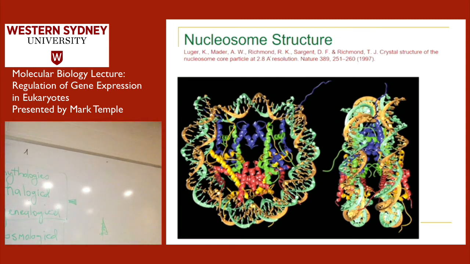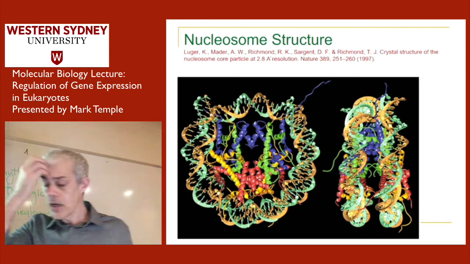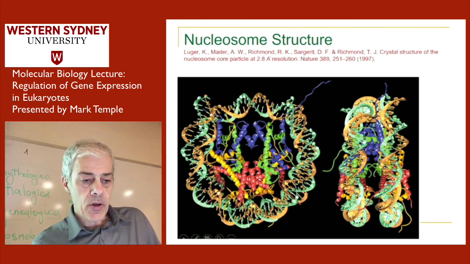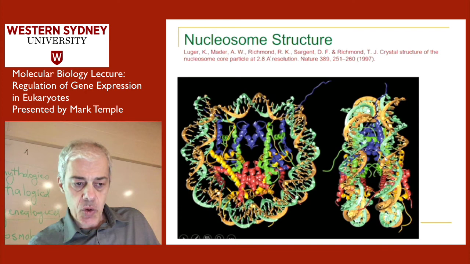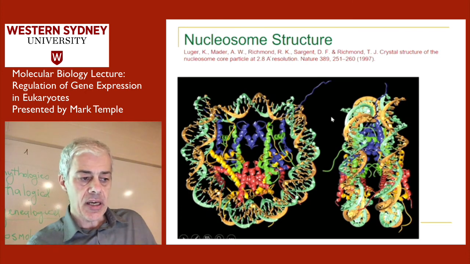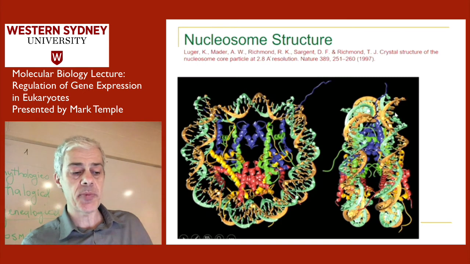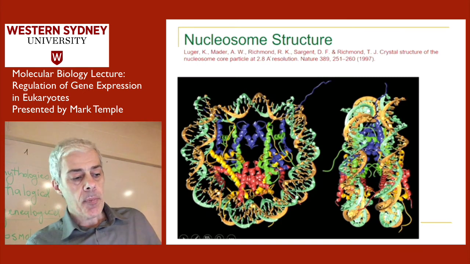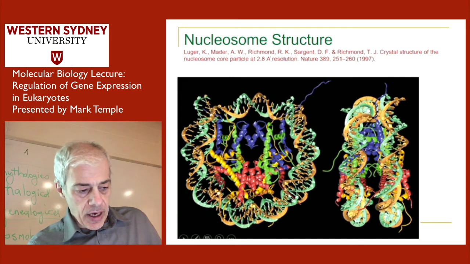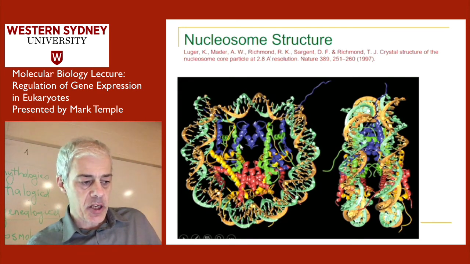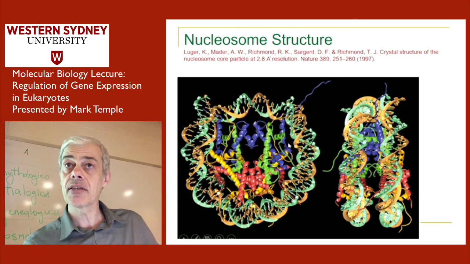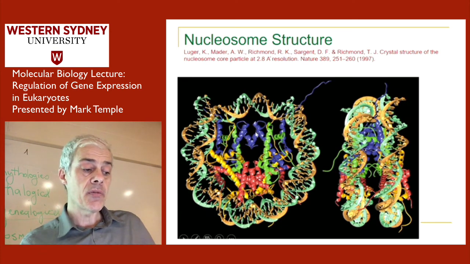This is the side view of that disk. If you look at the DNA, you can see the DNA wraps twice around the disk, and like I said before, you don't need to know it, but it's about 146 base pairs of DNA. Between the inside of the DNA here and these proteins are strong contacts which make the nucleosome very stable.